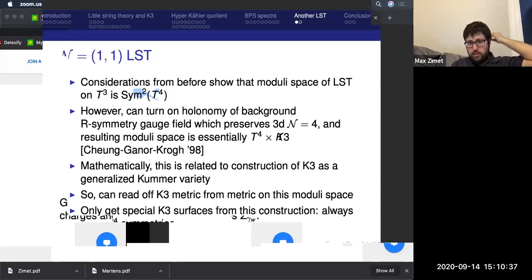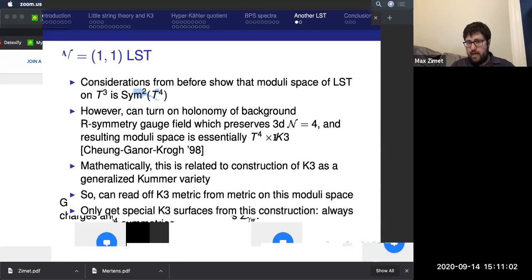What that means is just it's a fibration of K3 over T4 where all of the fibers look the same. And the non-trivial monodromy in that fibration is just due to the fact that all of these fibers have some Z2^4 symplectic automorphisms, and the monodromy just acts by those Z2^4 as you go around the 1 cycles of the T4.